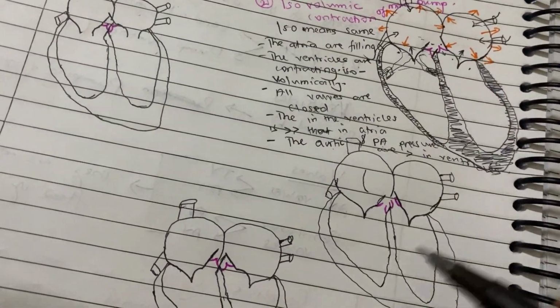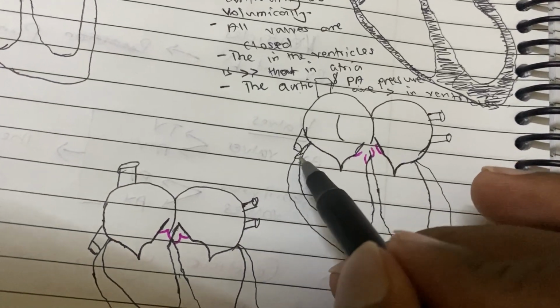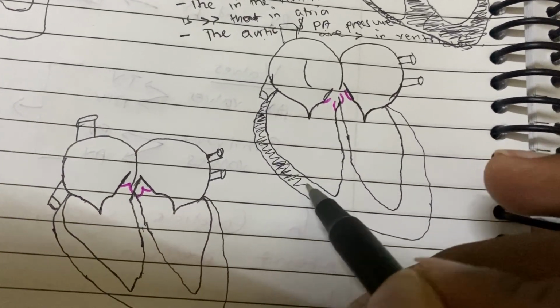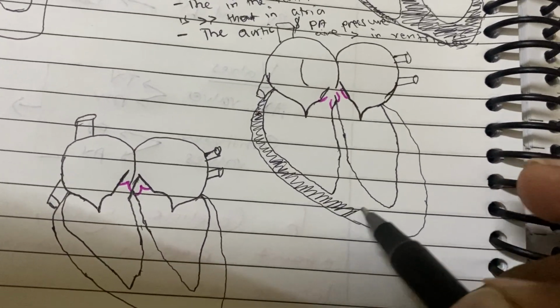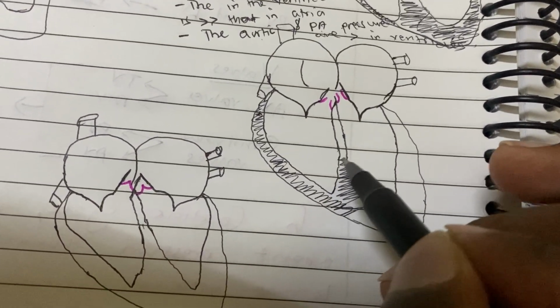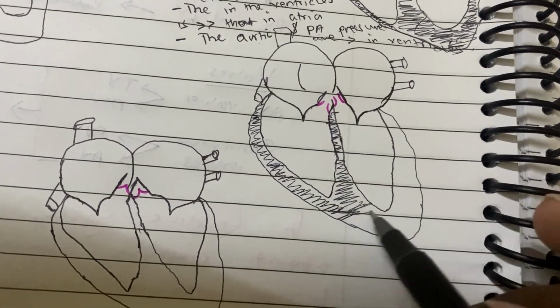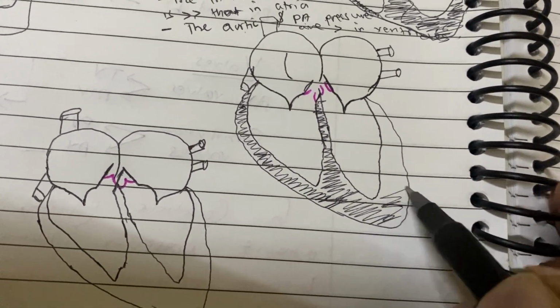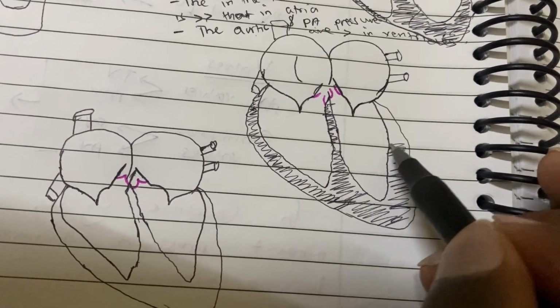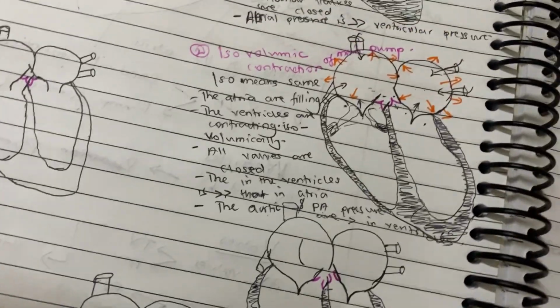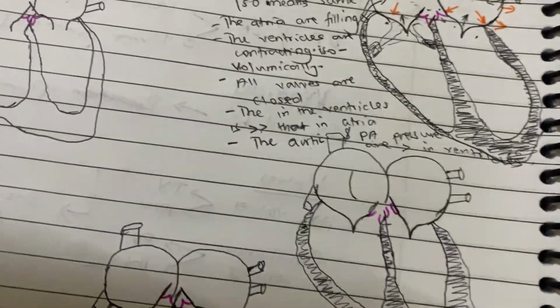Phase 3. In phase 3, now the pressures are going to change and this is not isovolumic. In phase 2, we are contracting but with no ejection because all valves were closed. Now in phase 3, we have contraction but with ejection.